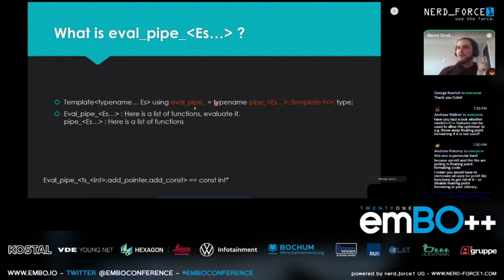So basically, once I say eval pipe, it will alias to pipe all the meta expressions, send nothing inside it, and then TS will receive nothing and continue with int. That's useful. So basically, eval pipe is: here's a list of functions, evaluate it, and pipe is just the list of functions naked in the open, just waiting to be evaluated.